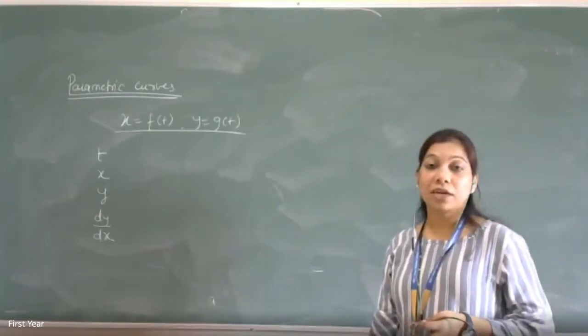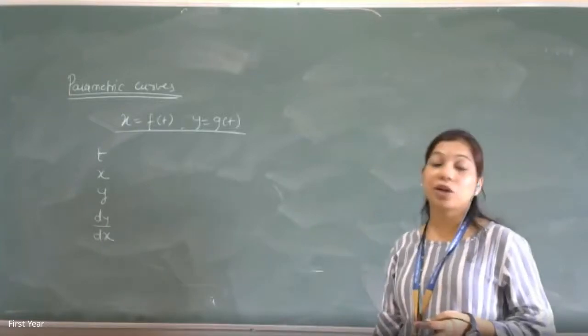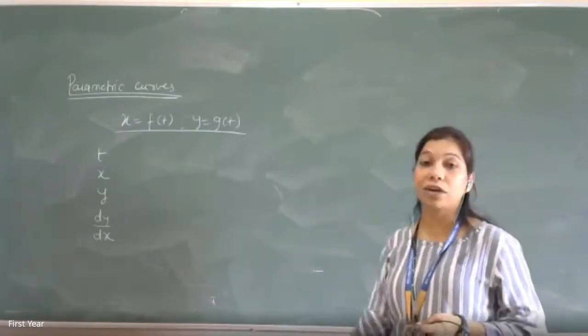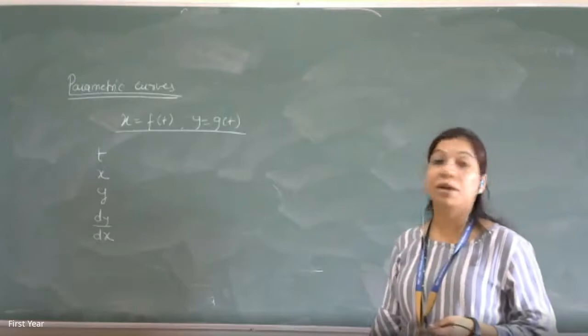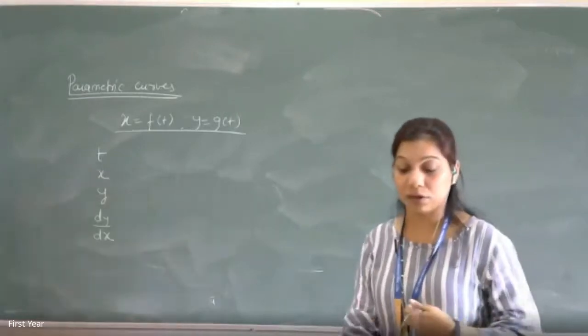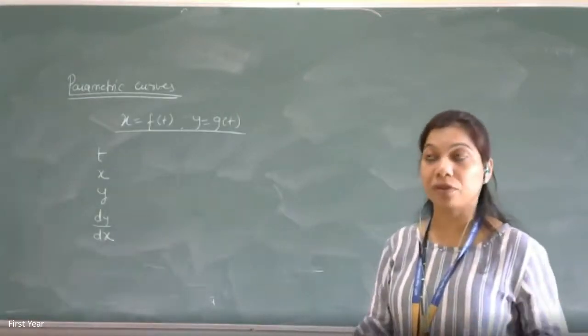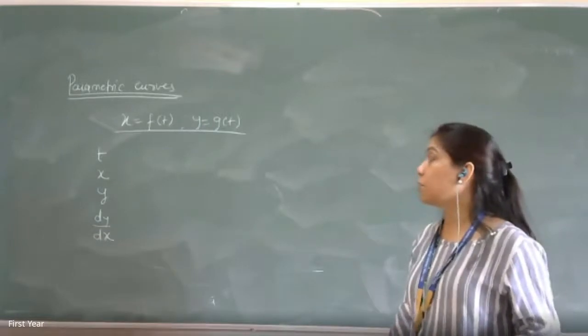Okay, so let us again come back to the first point, that is symmetry. This table will come down later on. First point is symmetry. So write down the symmetric condition. First we write down what is the meaning of parametric curves.